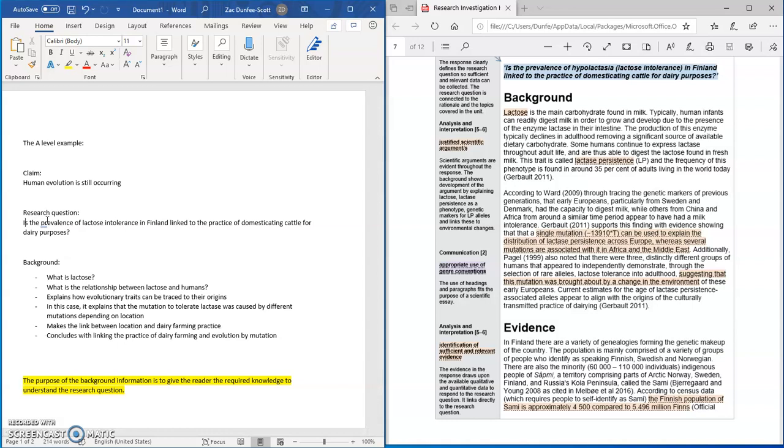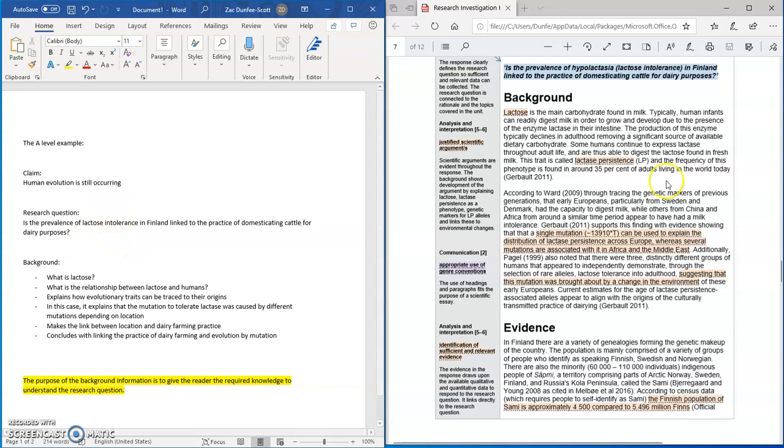Obviously the main part of that is lactose, and we can't talk about lactose intolerance if we don't know what lactose is in the first place to be intolerant to it. Lactose intolerance is something that happens within the human body. So the very first key element of this research question is lactose intolerance.